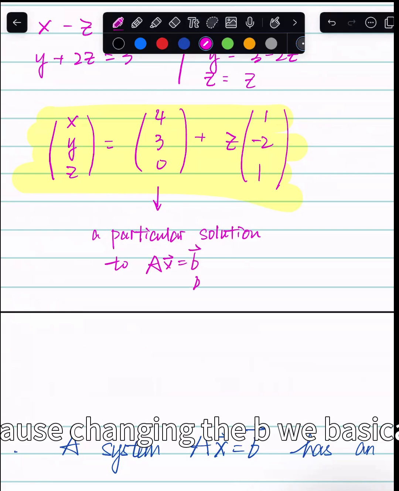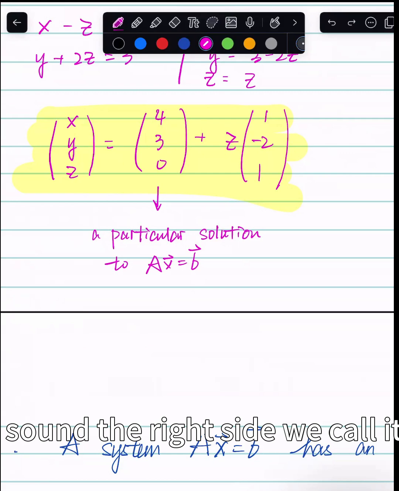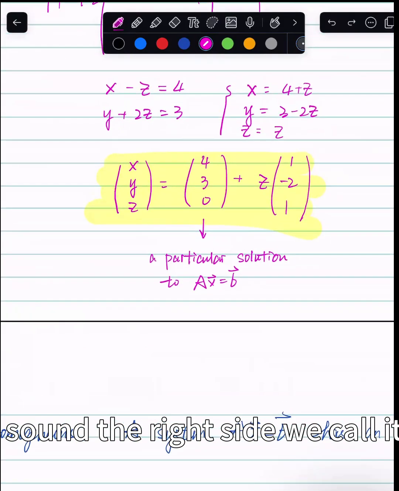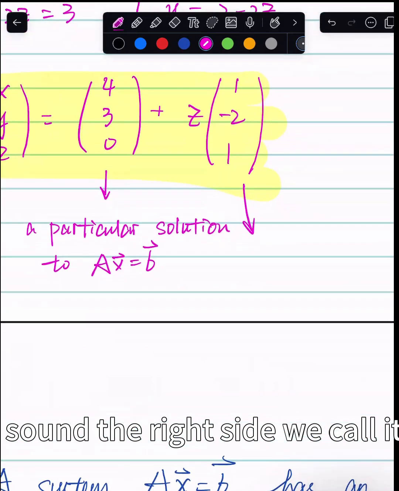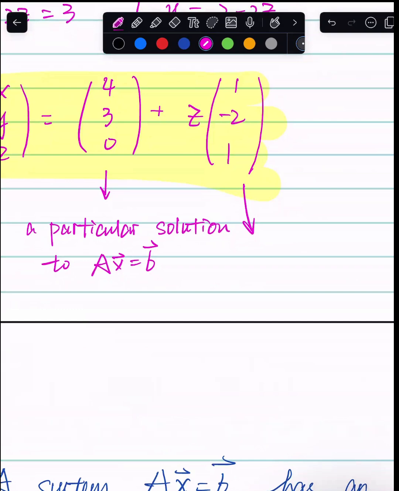Because changing the b, we basically change this (4, 3, 0). And then this on the right side, we call it the full solution to a homogeneous system.